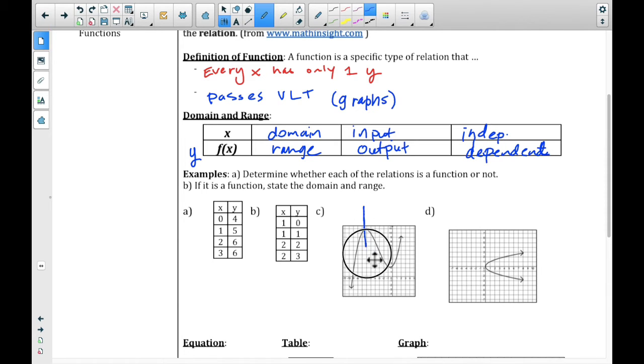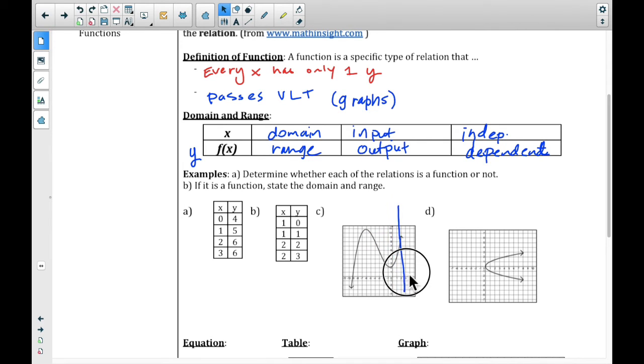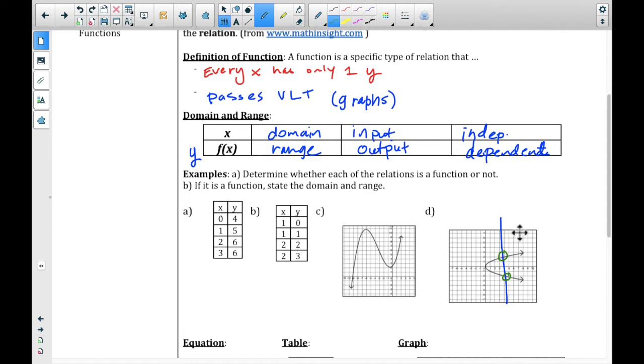If I have a vertical line and I move it along my graph, then it should only cross one place anywhere I go. This is a function because it only passes once anywhere I go. However, over here, this example is not a function. Why not? Because where I landed it right there, you can see it's hitting twice, there and there. So that is not a function. This is a function, this one's not a function.